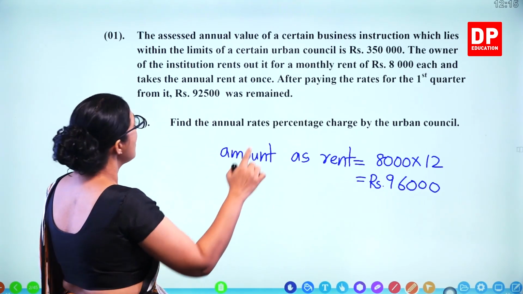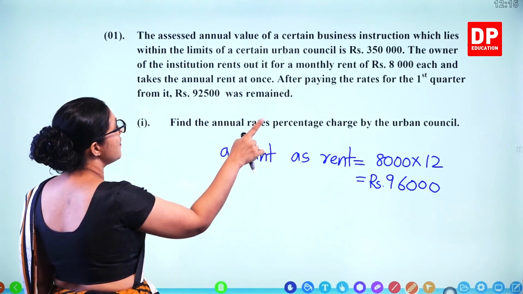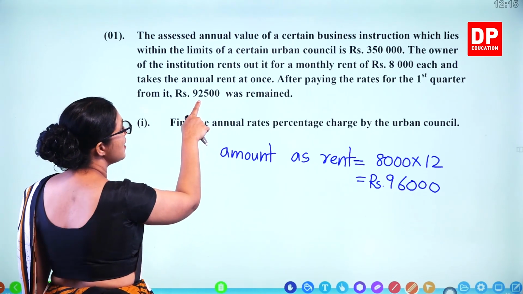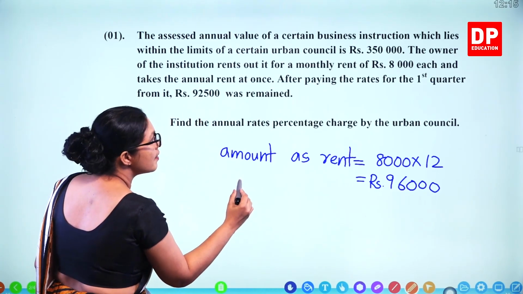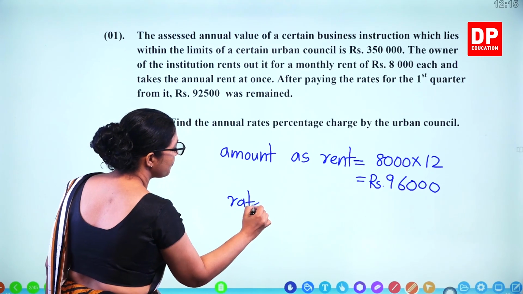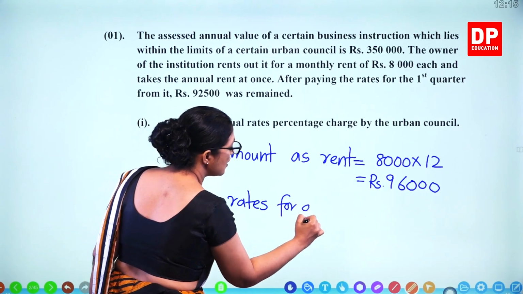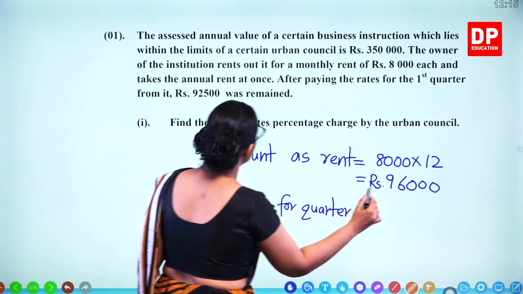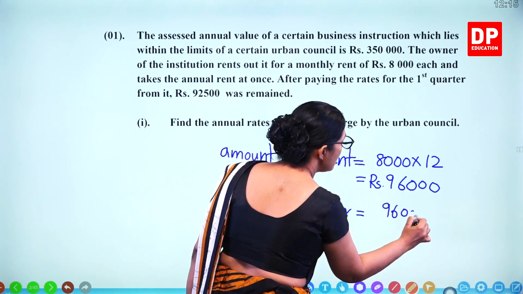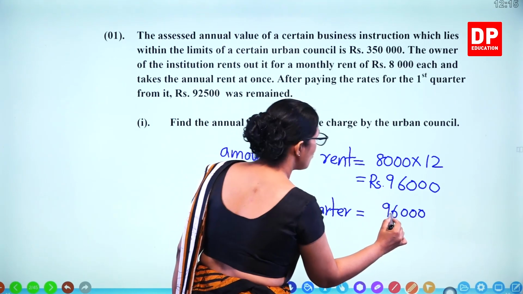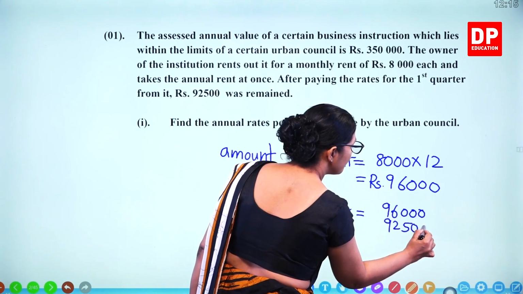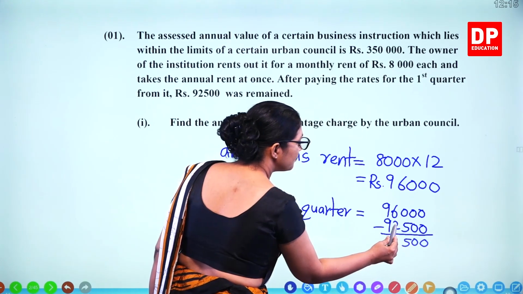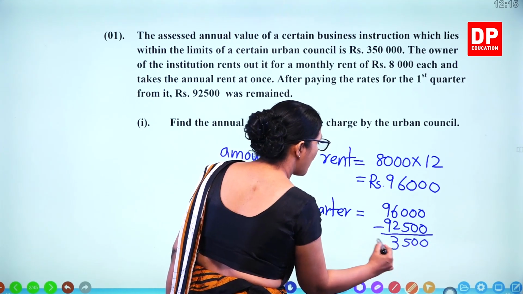And then after paying the rates for the first quarter, there is a remaining amount. So what is the rates for a quarter? Rates for quarter is 96,000 minus 92,500, which is 3,500 rupees.